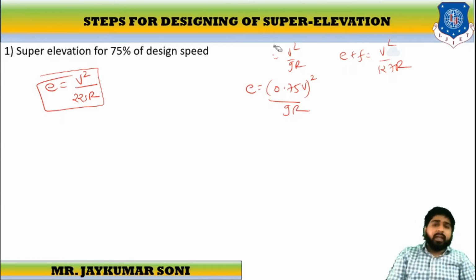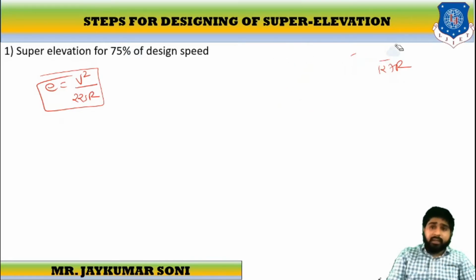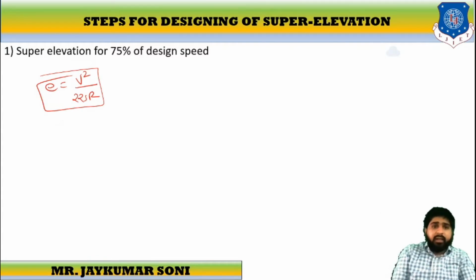Now I have already explained in detail that for plain terrain, the maximum amount of E should not be more than 0.07.